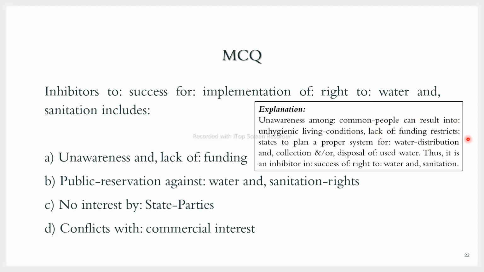Lack of funding restricts states from planning a proper system for water distribution and collection and or disposal of used water. Thus, it is an inhibitor in success of right to water and sanitation. So unawareness and lack of funding is basically your inhibitor for the implementation of right to water.